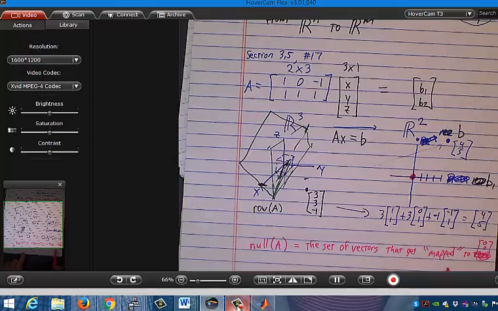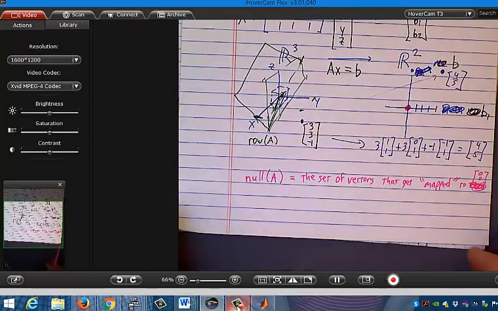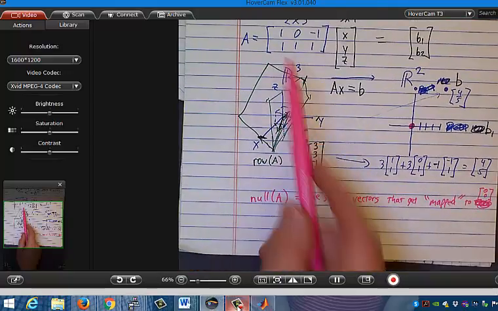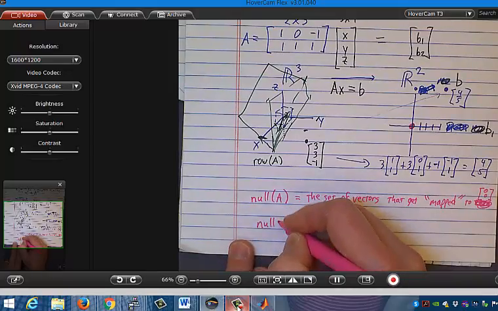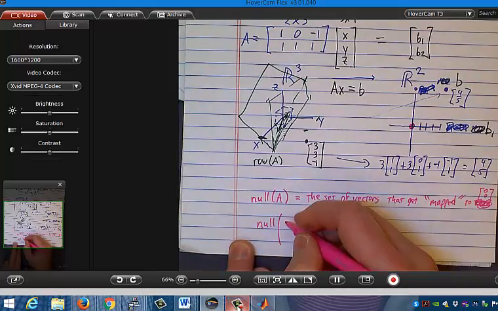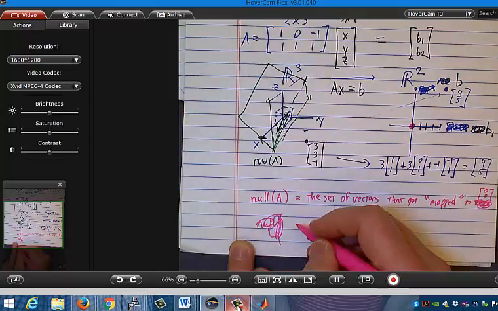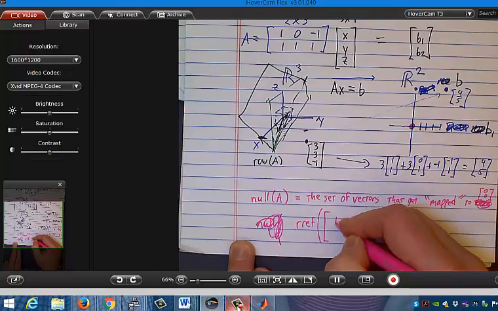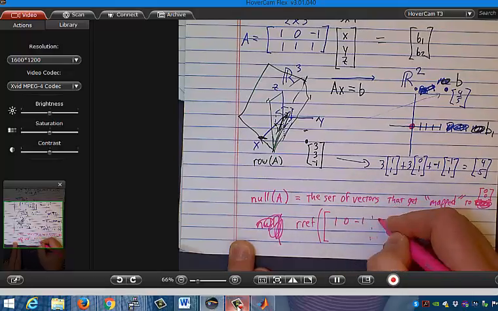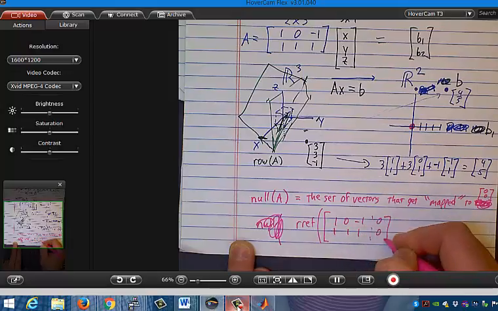So what's the null space of this matrix? Well, how do you compute it? If you want a basis for the null space, you're going to do the reduced row echelon form of 1, 0, -1, 0, and then 1, 1, 1, 0. We're trying to make that equal to 0, and we're trying to make this equal to 0.